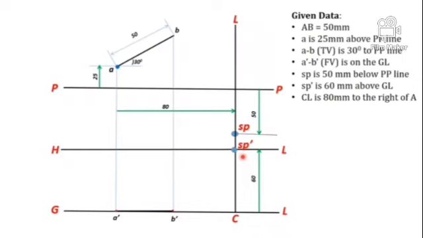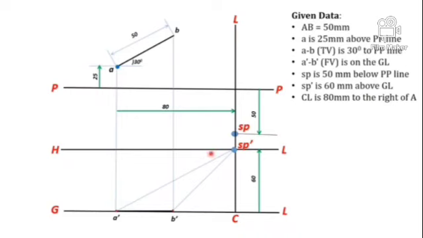Now to complete the problem, to find the perspective view of the points A and B, this is the procedure to follow. First you draw the front view visual rays.